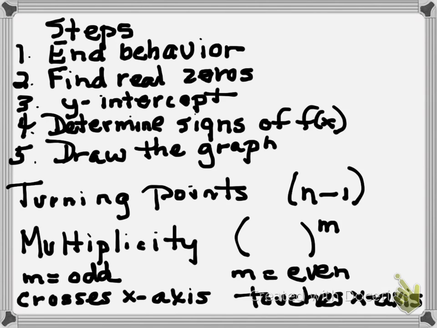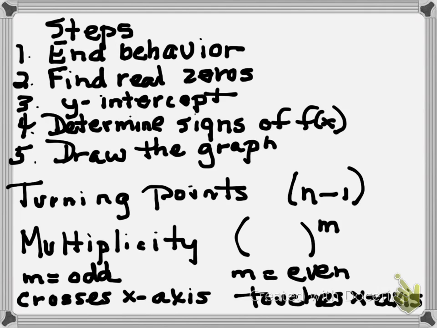All right, so here are the steps that we're going to follow in order to graph a polynomial function. 1, we're going to take a look at that end behavior. 2, we're going to find the real zeros or the roots or the solutions or the points where it touches or crosses the x-axis. The y-intercept, where it crosses the y-axis.